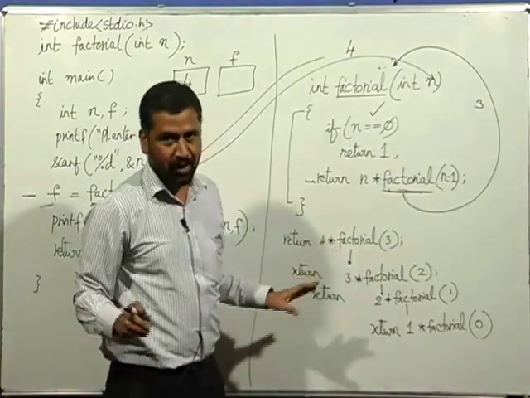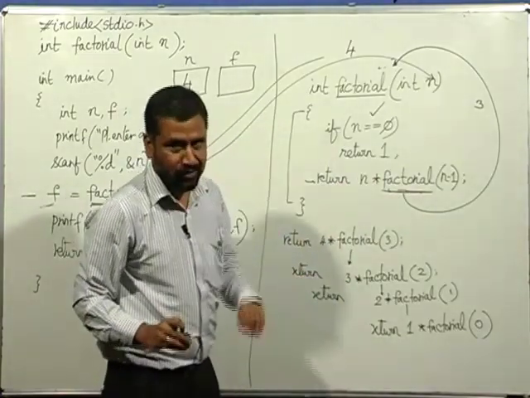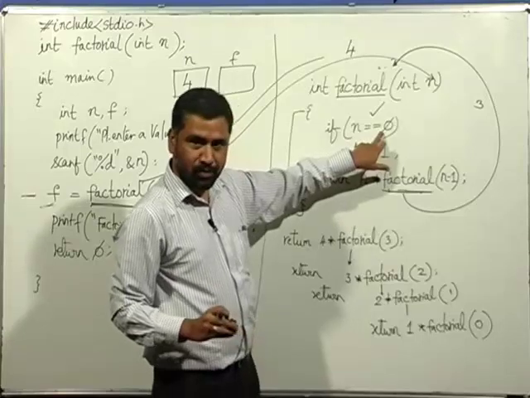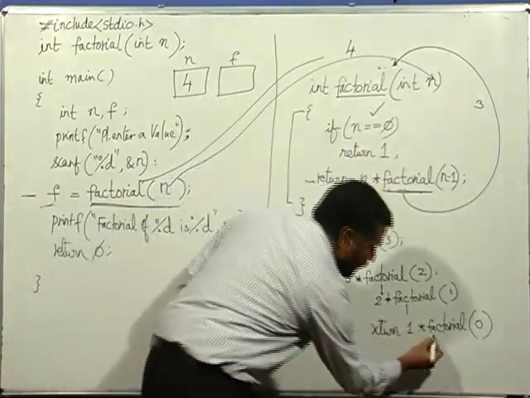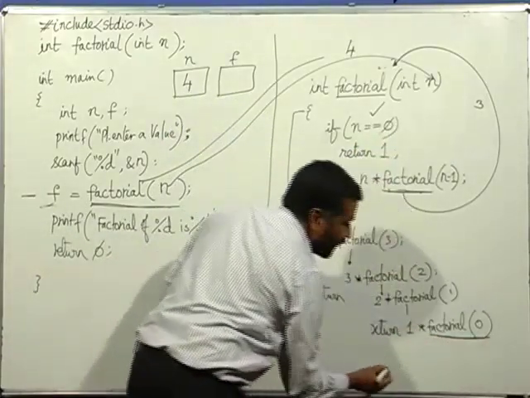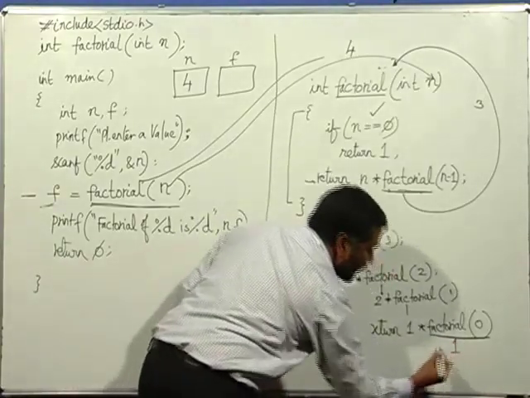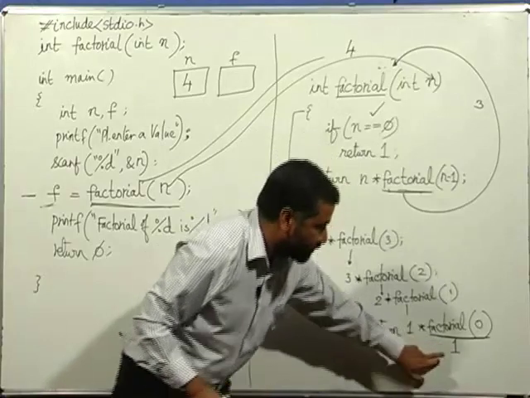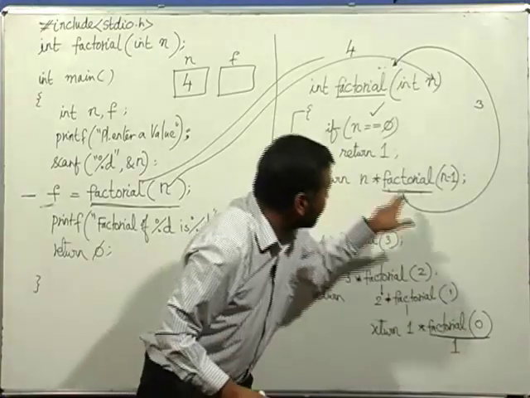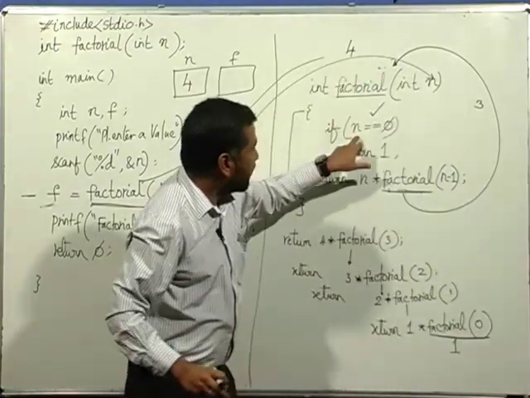No more function calls will be made, because now this has become true. So finally, when this function call is made, this function call will be replaced by the value returned, which is 1. Why is it 1? Because when factorial 0 is called, it enters n is equal to 0.